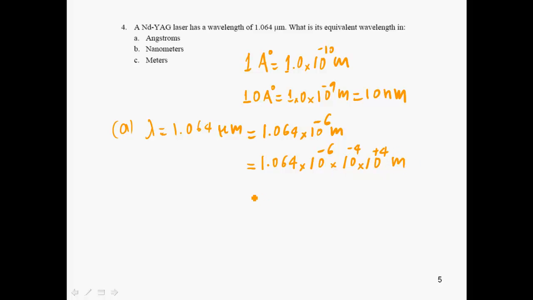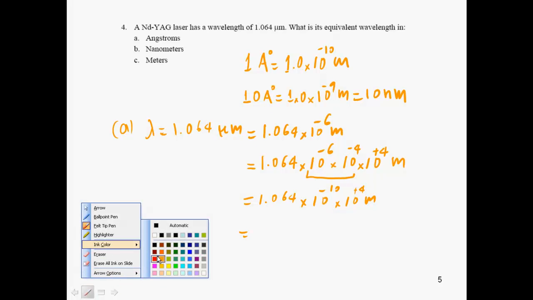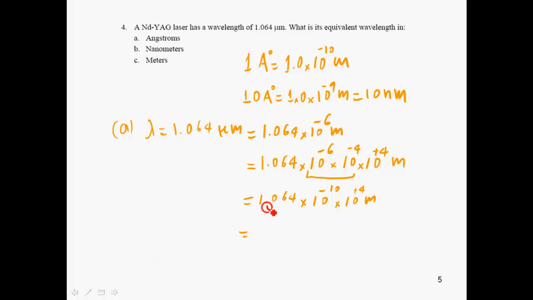That's meters, okay? So these two together now will give me 1.064 times 10 to the negative 10, which is angstroms, times 10 to the positive 4 meters. So I can multiply the 1.064 by 10 to the positive 4, which will move the decimal point 4 positions to the right. I will take that decimal point 1, 2, 3, 4.